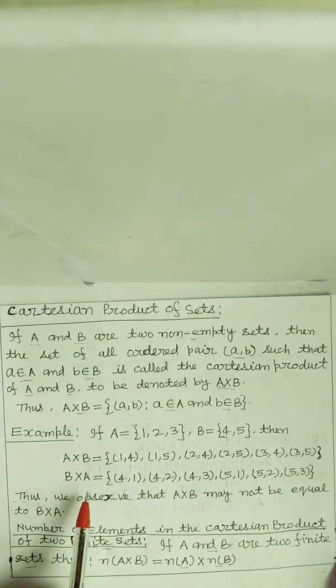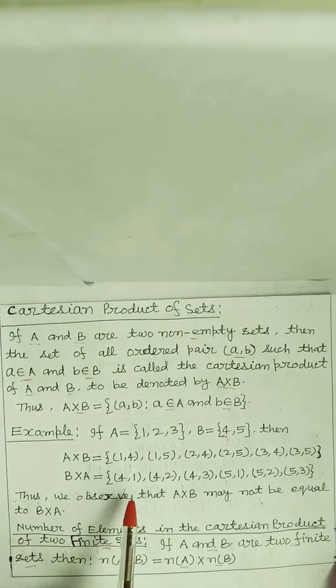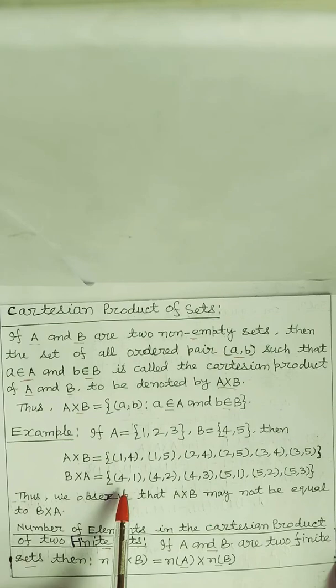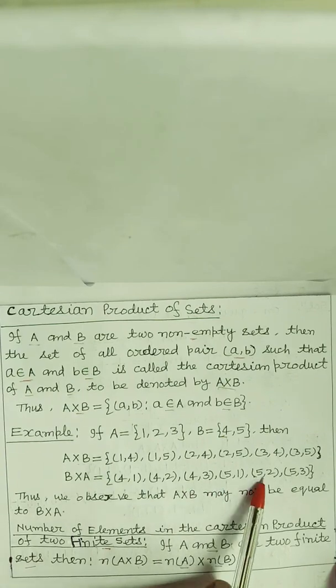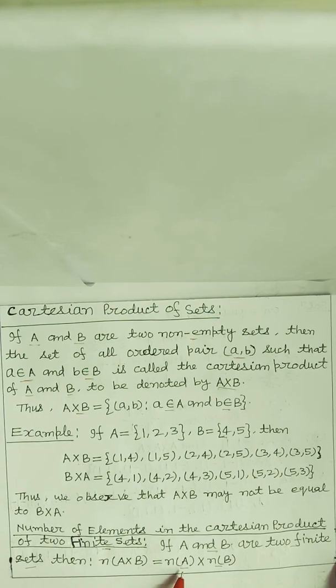Similarly, B cross A means 2 into 3 we get 6. So n(A cross B) equal to n(A) into n(B).